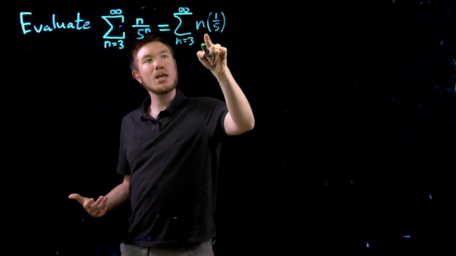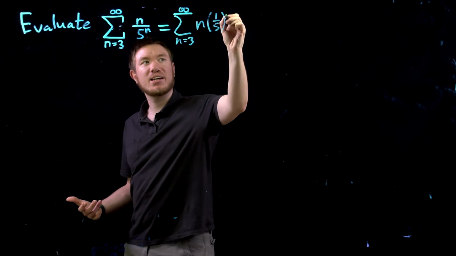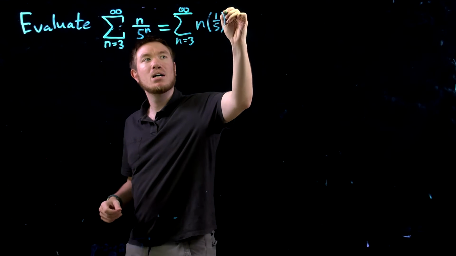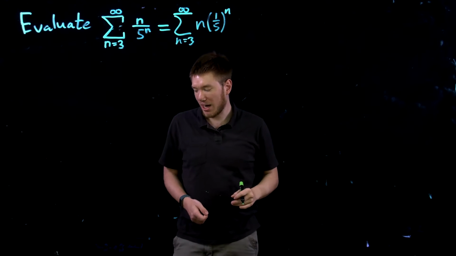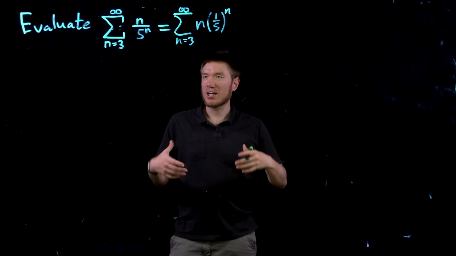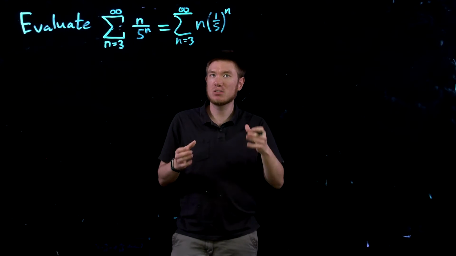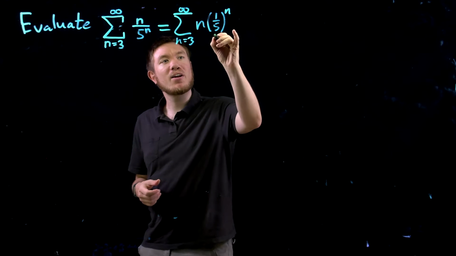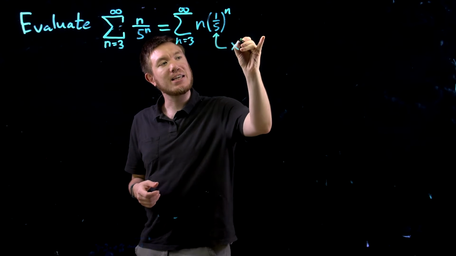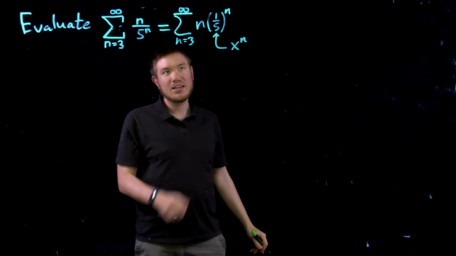So if I move the n off to the left-hand side, I get this n times 1/5 to the n. And if you remember, power series take the form of the sum of some coefficient times x to the nth power. So we think about this as x to the n.